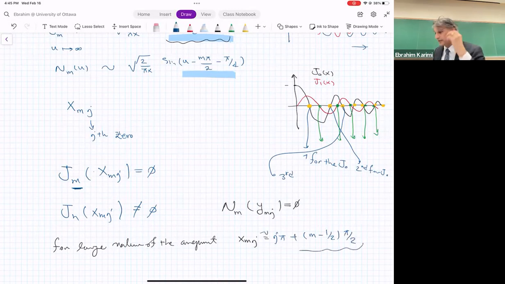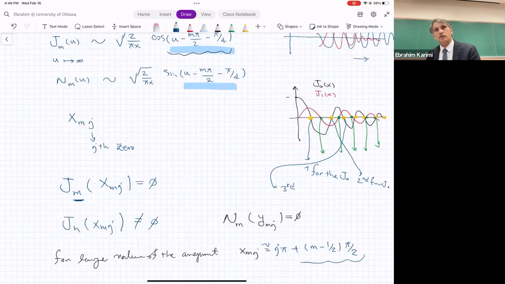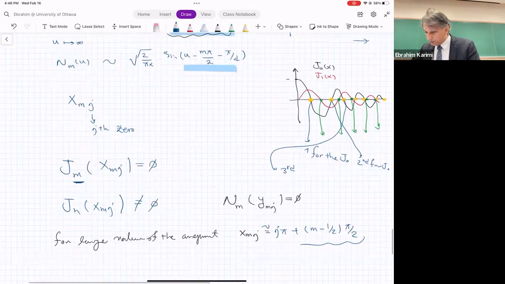That is approximate. So for large values, you have to look at where the cosine function will be equal to 0, and then you will find the zeros of the cosine function. Those are the points where you will get the 0 values. Good, so far so good.